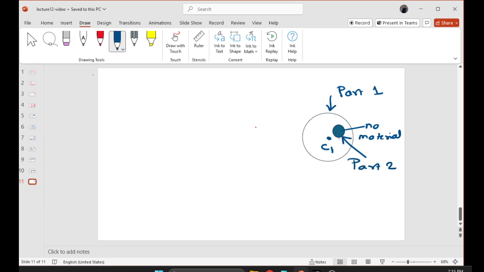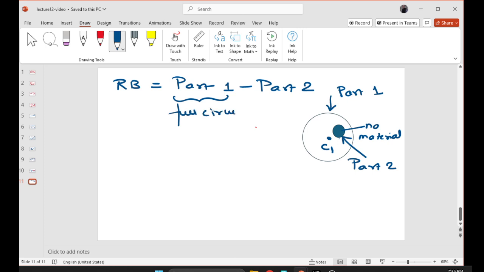So now we have an RB which is actually part 1 minus part 2. Part 1 is the full circular plate, and part 2 is also a circular plate, but a small circular plate, right?